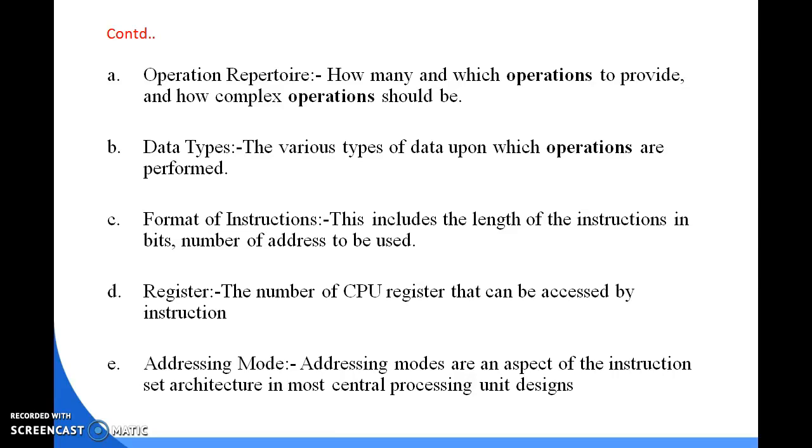That means the operation repertory gives an idea of how many and what kind of operations need to be provided, and also the complexity of such operations. Before designing an instruction, first you focus on which operations are going to be conducted, and according to that operation you must design the instruction, and you also study the complexity of the operation.